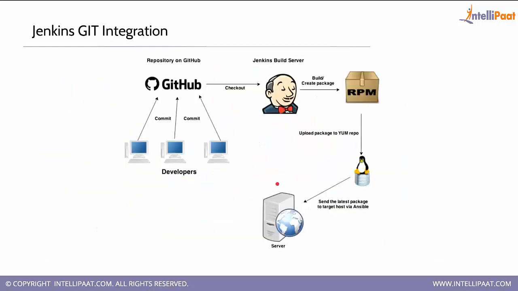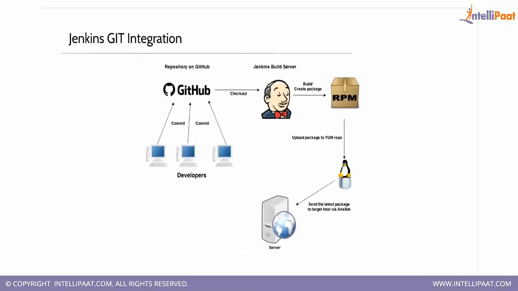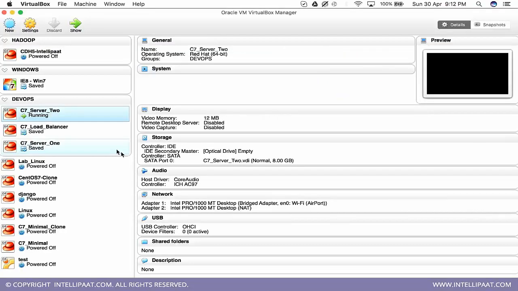First of all, we'll have an overview of Jenkins. For that, I have started one of the servers where we installed Jenkins. Server 2 is having Jenkins for me. You can also have your Jenkins server started, and if it is not installed, you can reinstall it.